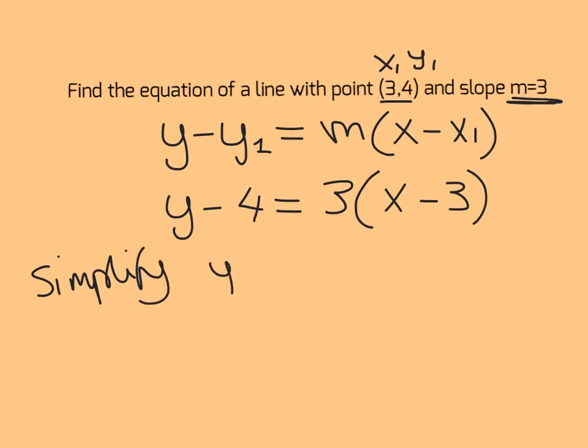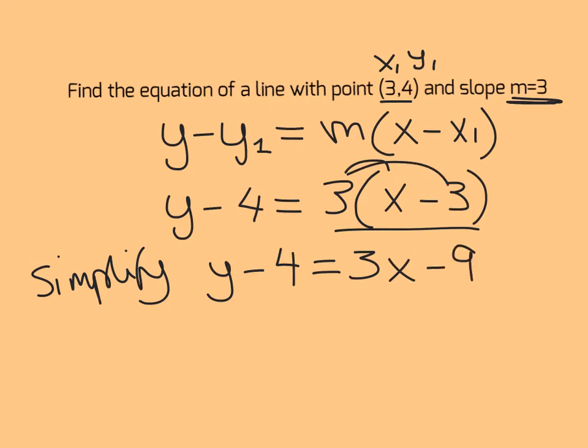So we have y minus 4, can't do anything with that. Now here we can get rid of the brackets. 3 by x will give me 3x. 3 by minus 3 will give me minus 9. And finally we can simplify that further. I'm going to bring this minus 4 across, because I'm going to write it in the style of y equals mx plus c.